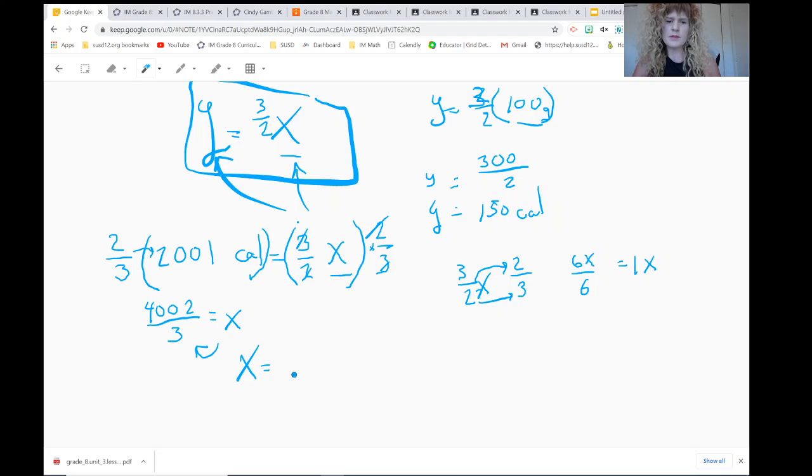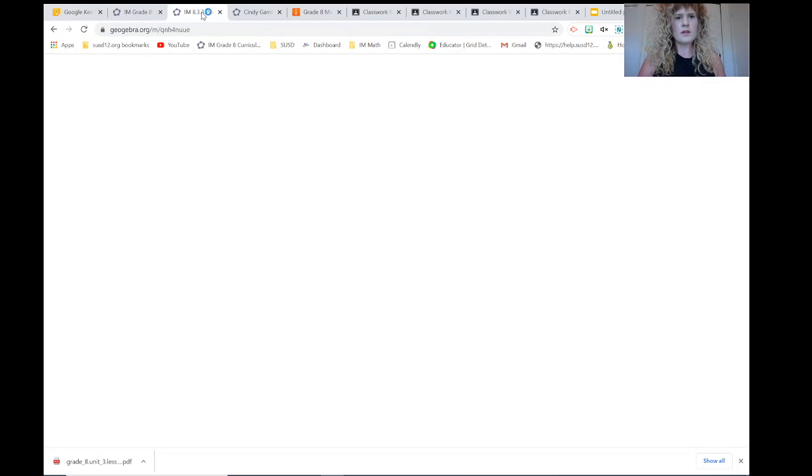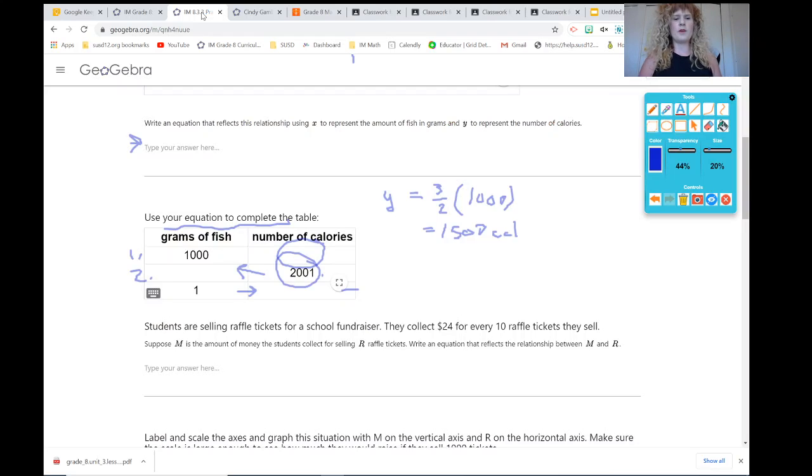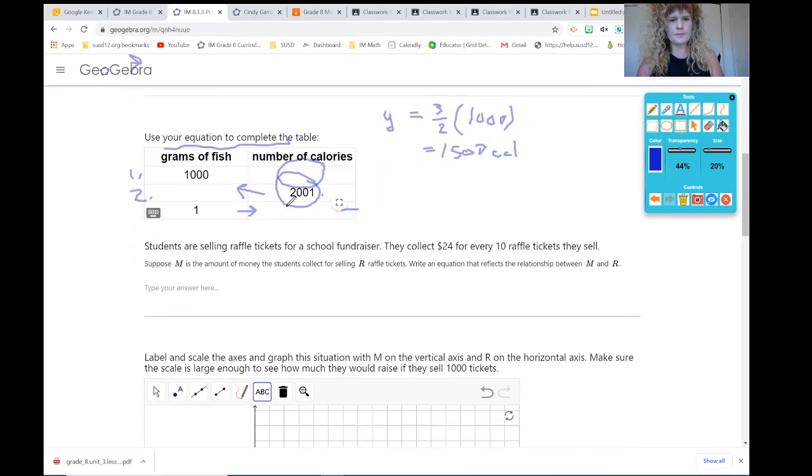X equals how many calories? Oh, no, not calories. Grams of fish. Please show your units so that I know you're following along. Okay, fill out your answers in that table. Don't just wait for me to do the work. Show me all the work in your notes and fill out the answers in the table.